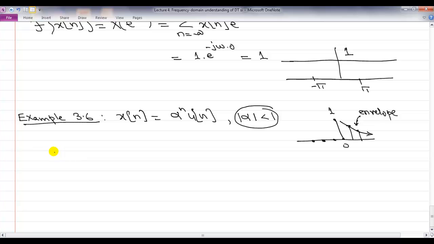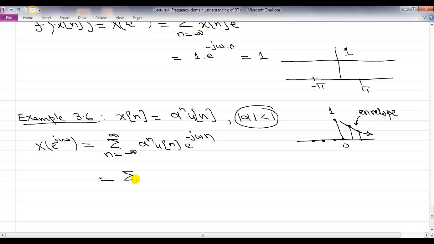So let's look at what is the Fourier transform of this. Again, you can use the same formula: sum over n from minus infinity to infinity, alpha^n u[n] e^{-jωn}. So everything is 0 for n less than 0.